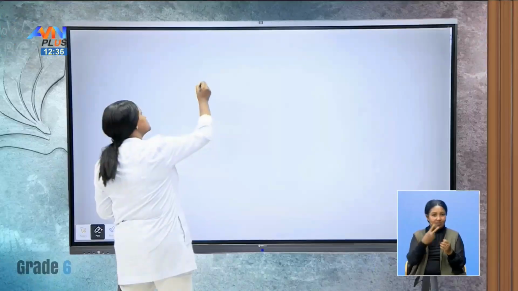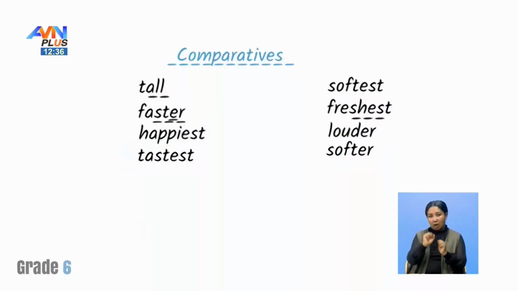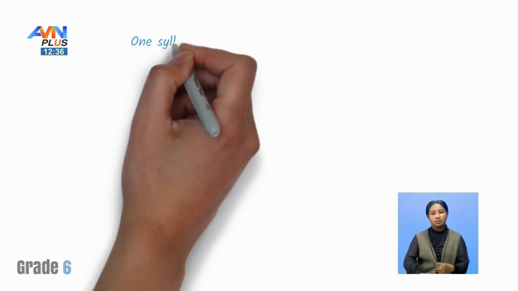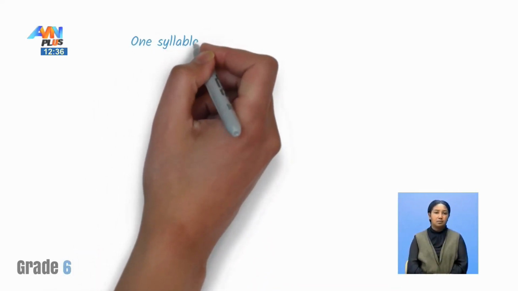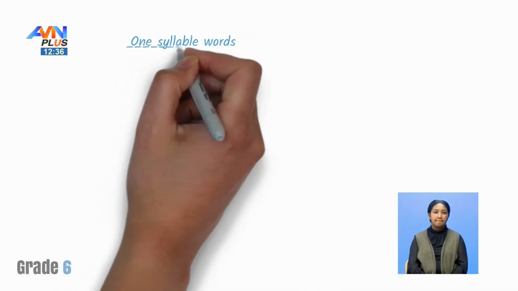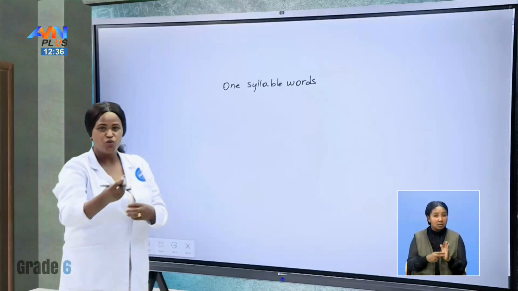Comparative. Or let me tell you one thing before the comparatives. One-syllable words, which means words which we can't say with a breath.